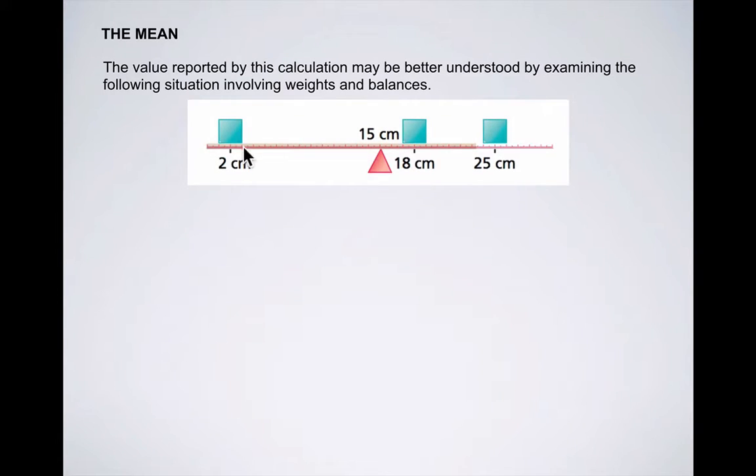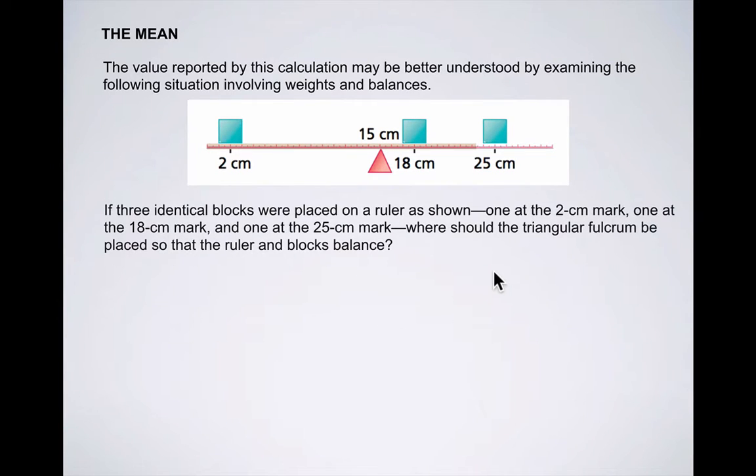Now, if we have three equal masses, and we're going to put one at 2 centimeters, one at 18 centimeters, and one at 25 centimeters, well, the average here would be 15. And this makes sense because if we take a look at the block that's 2 centimeters away, it's 13 centimeters from the fulcrum.